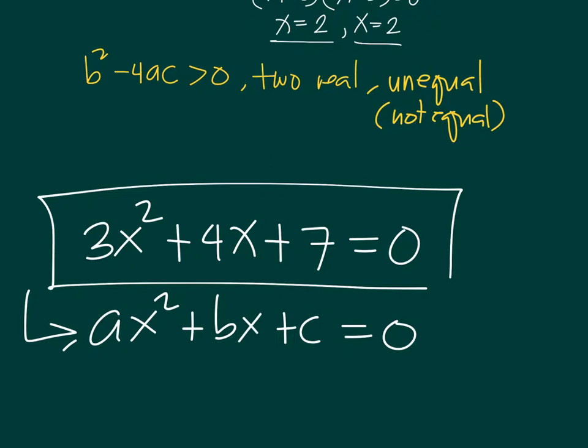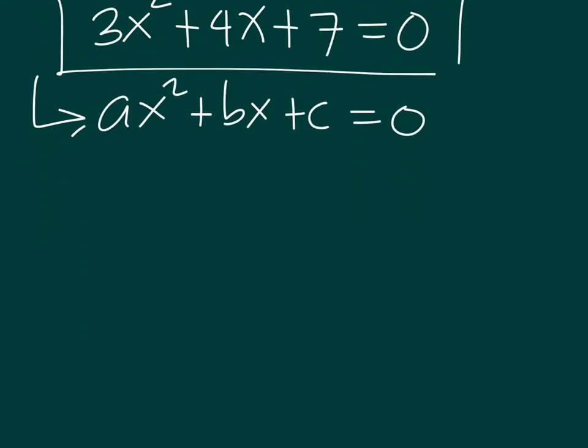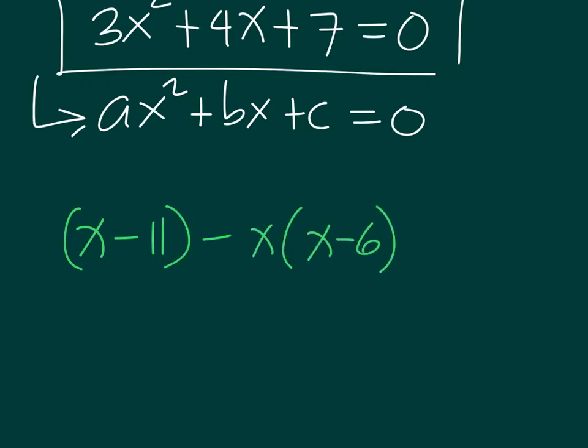Let's have this equation x minus 11 minus, or say x times x minus 6 is equal to 0. Let this be our example 1. As you can see, this is not yet in the form of ax squared plus bx plus c.